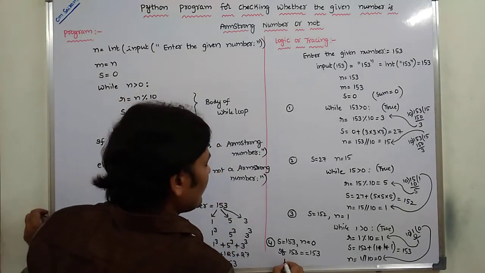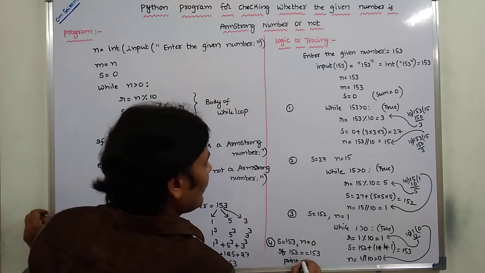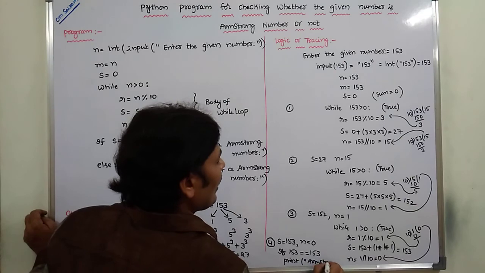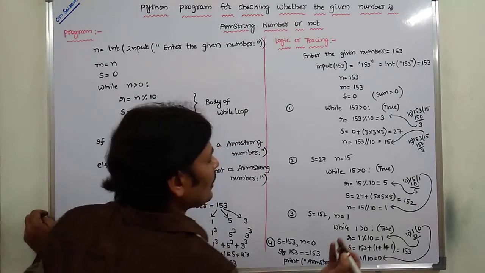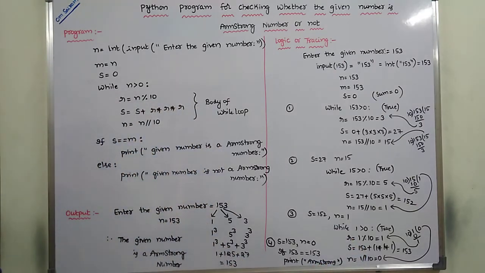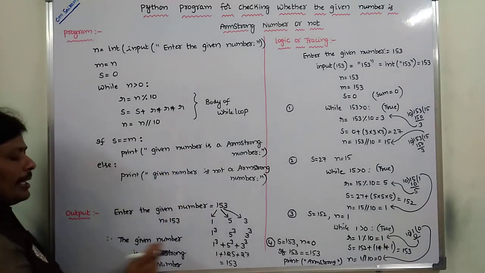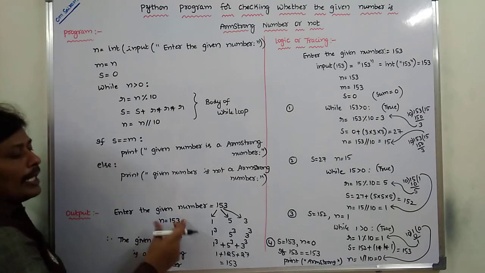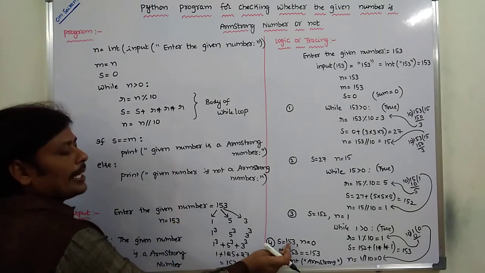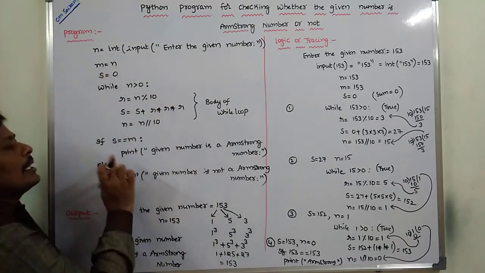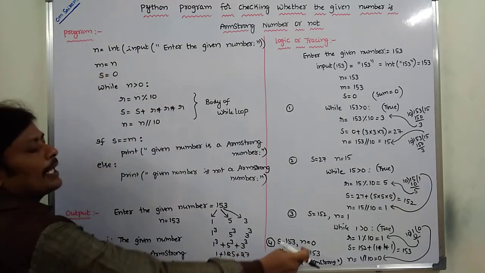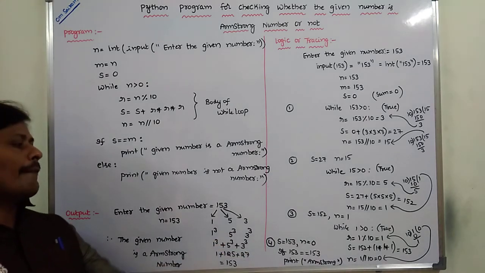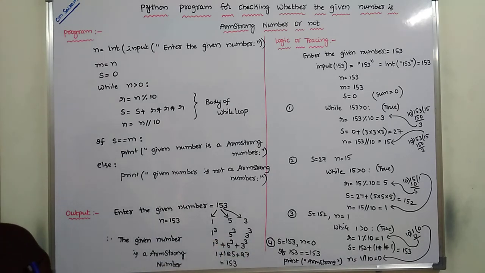So this is printed: given number is an Armstrong number. 153 is the given number. Then what do we get? s is equal to 153 and m is equal to 153. 153 equal to 153. Hence we can say that the given number is an Armstrong number.